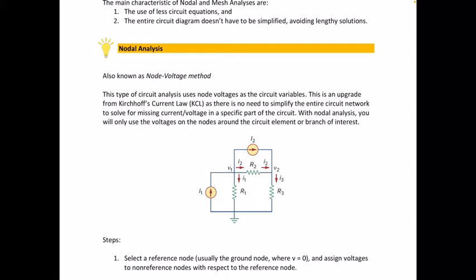In this type of analysis we use node voltages. The term node voltages is quite new for us, since previously we went into a straightforward problem solving process wherein we just tackle what is given in the circuit diagram.